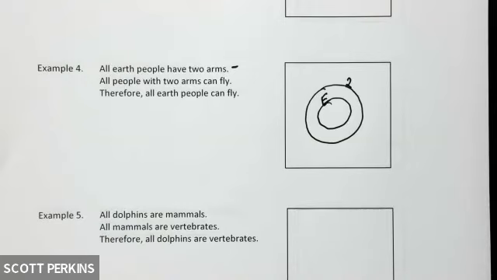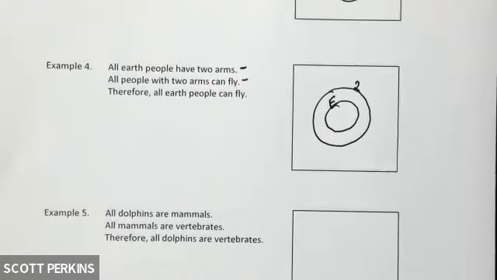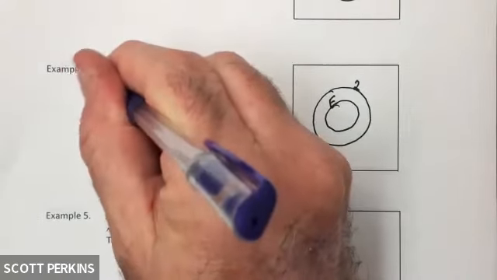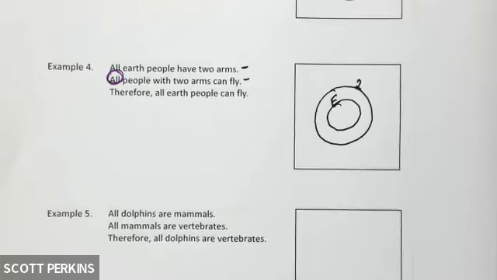So far, so good? Okay, the next statement has another all: all people with two arms can fly. So I need a new circle, and I know I need a new circle because it's an all statement. I need a circle for things that can fly. So the question is this: is the things-that-can-fly circle going to go inside the two circle or outside the two circle?